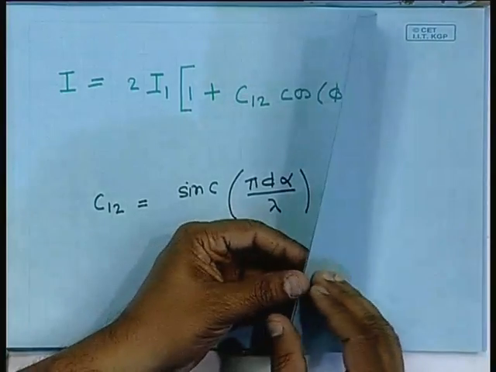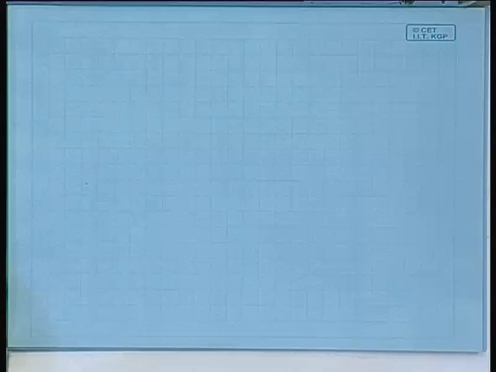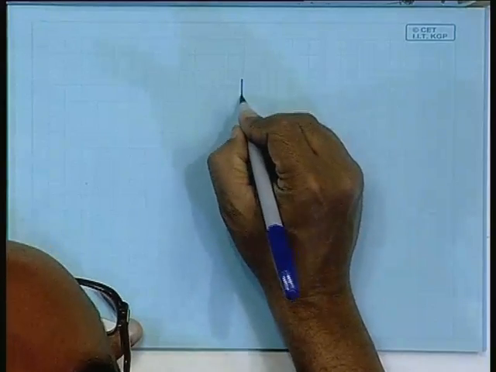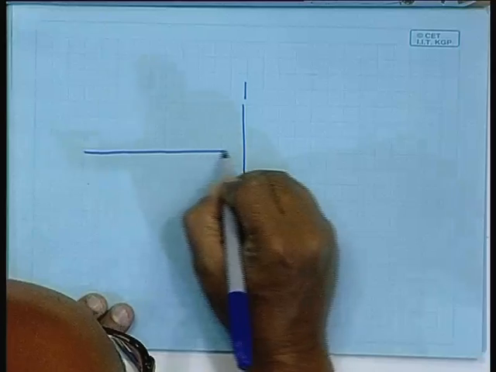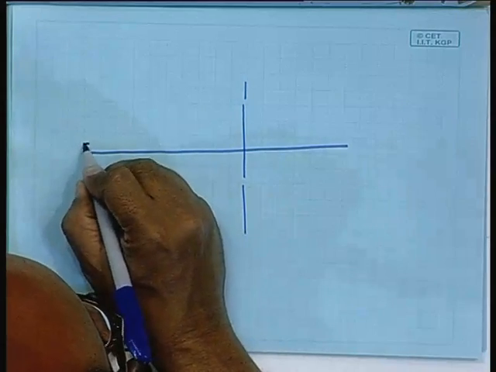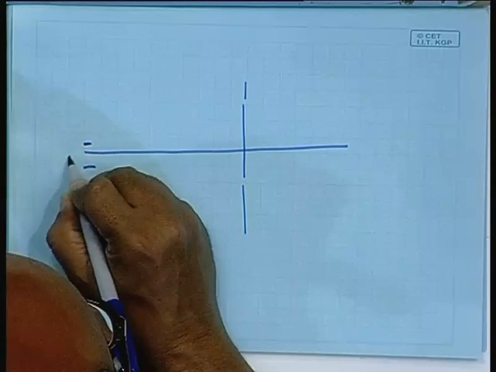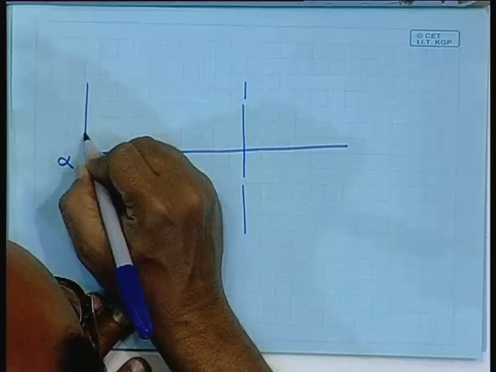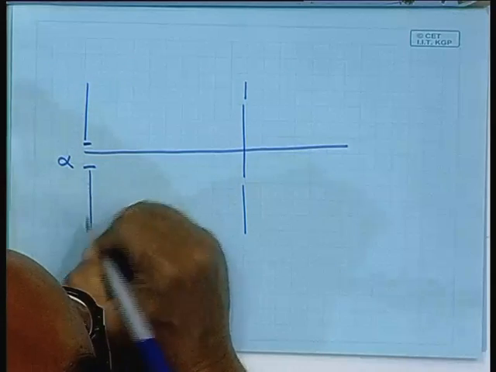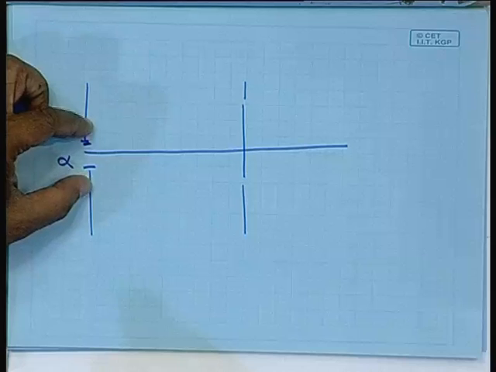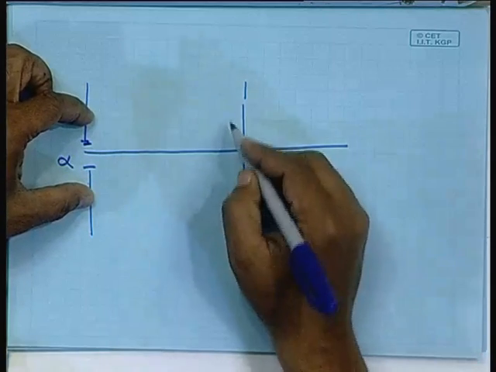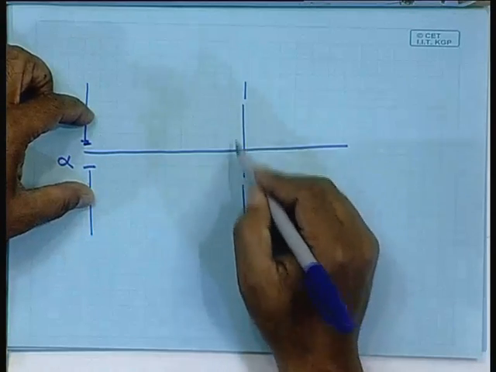So, recollect that we have assumed that the two slits are illuminated by a source, and alpha is the angular extent of this source. And wider this particular source is, the less is the spatial coherence of the wave.